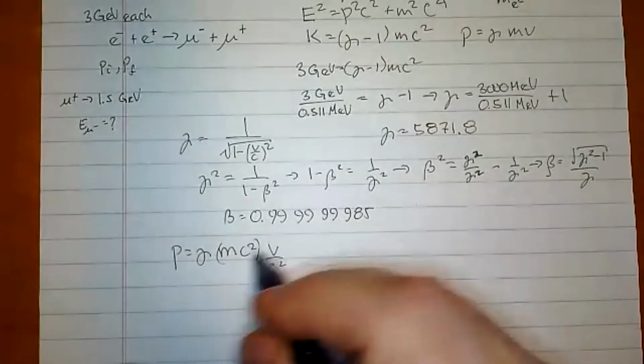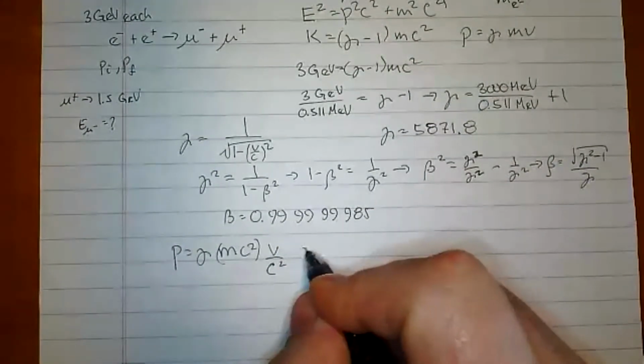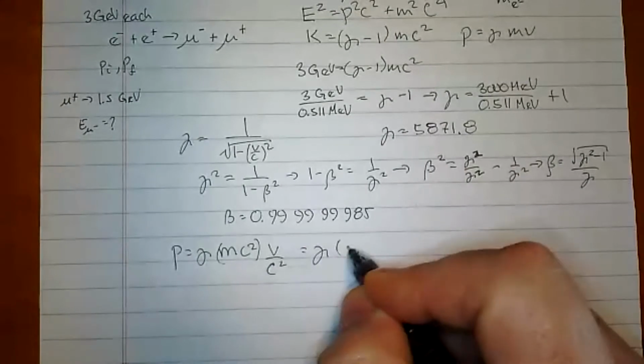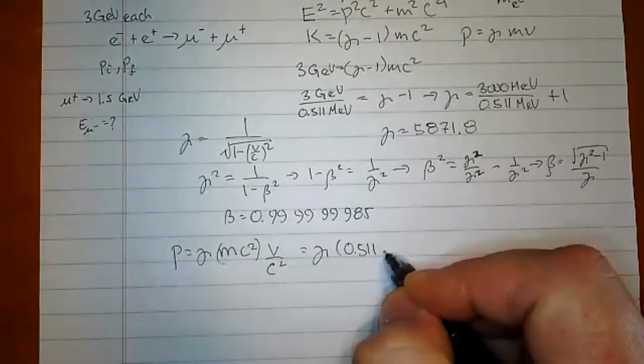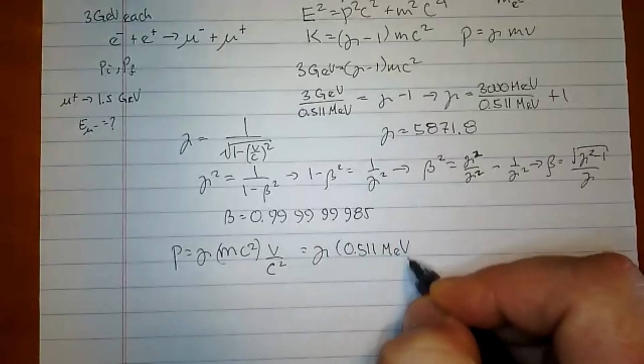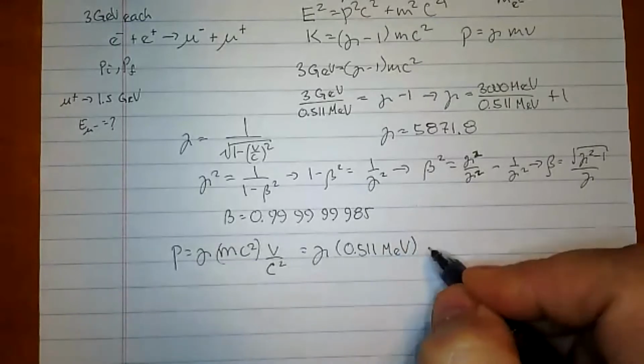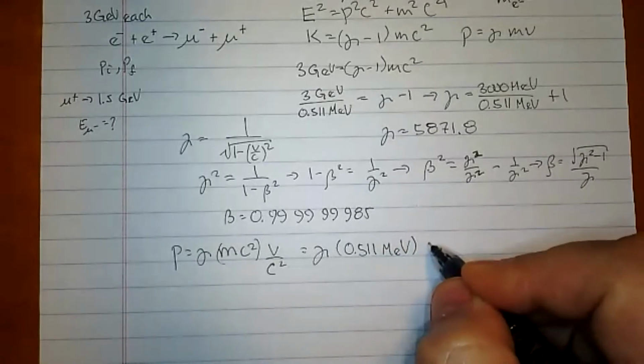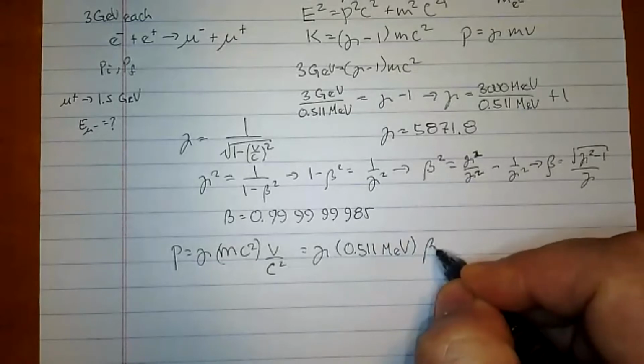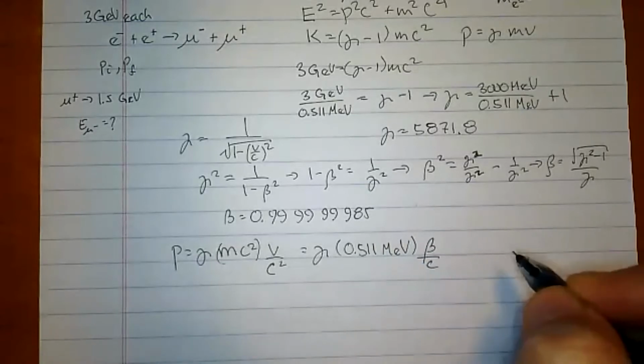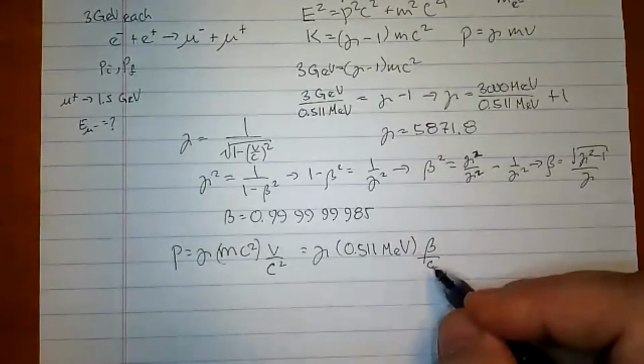So now I've got the exact same thing. So now I can take gamma and multiply it by 0.511 MeV. That's that part. And then I've got v over c, part of it's just beta. And then I can do beta over c because v over c is beta.